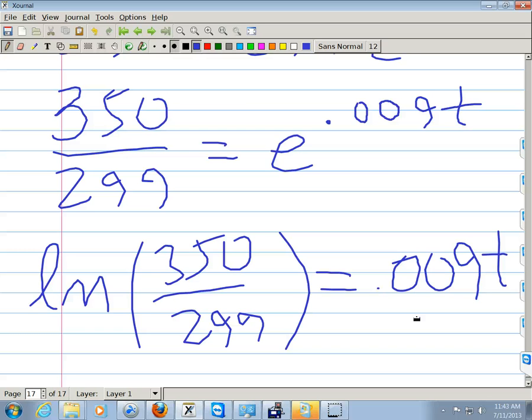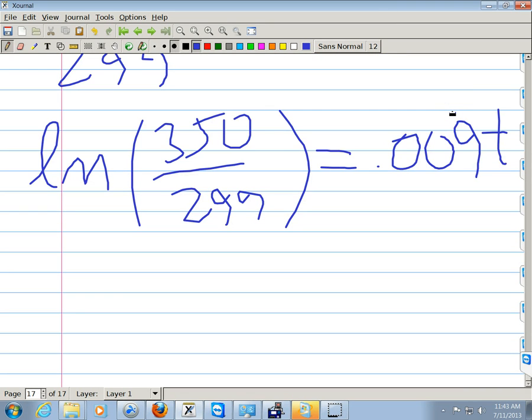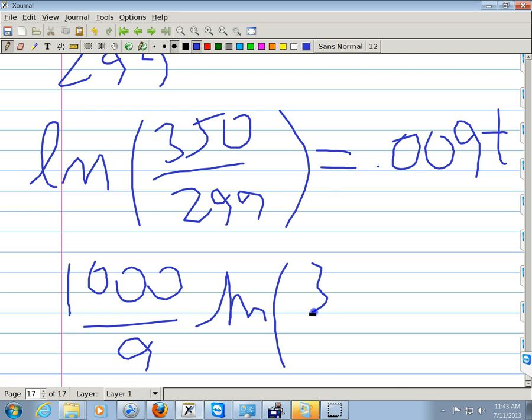So you could technically write this over 0.009, but it would not be incorrect to write 1,000 times the ln of stuff over 9. You could write it that way, just to make it clean. I like fractions, so I'm going to do that. It's 1,000 over 9 times the ln of 350 over 299.